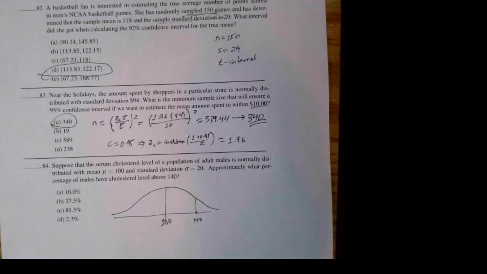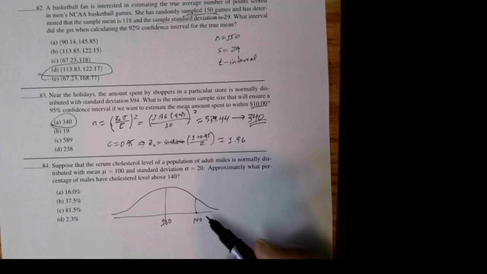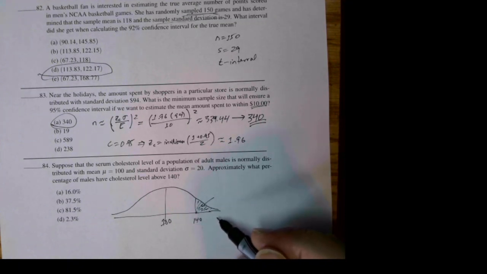Because if you have, say, 100,000 males, and 7% of them have cholesterol levels above 140, then the probability that if you picked one of those people at random, he would have a cholesterol level above 140 would be 7%, right? It would be this area right here, whatever the area greater than 140 is. So all you need to do here is find that area and then interpret it as a percentage.